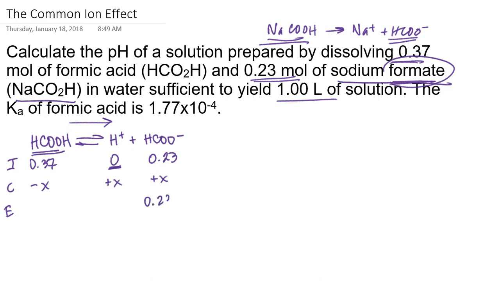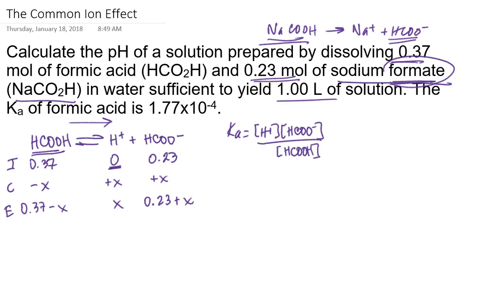And then if I go ahead and add each column of the table vertically, then I get the following expressions for the equilibrium concentrations of each of these species. So if I consider Ka, Ka should be my proton concentration times my formate ion concentration over my formic acid concentration.